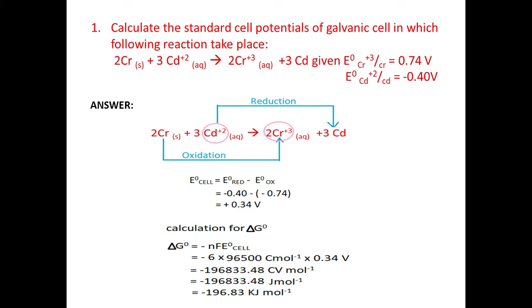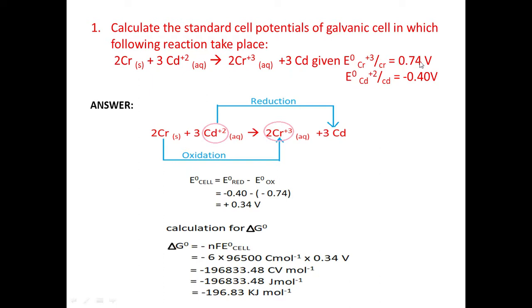Calculate the standard cell potential of a galvanic cell in which the following reactions take place. You see the reaction here. If you see this reaction, you find that chromium undergoes oxidation and is converted into the chromium tripositive cation, while the cadmium 2 plus ion undergoes reduction and gives cadmium.